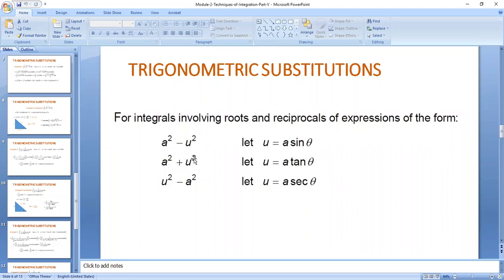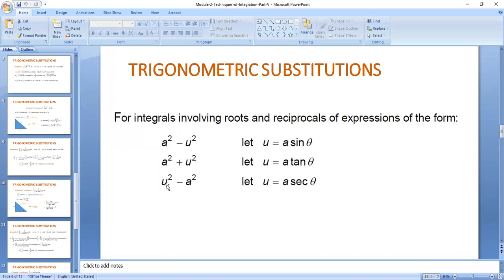Okay? Now, if we interchange the manner of subtraction, like we first have the variable that is squared minus a real number, a squared here, the substitution equation is changed by simply changing the sine of theta to secant of theta if you have interchanged these two.